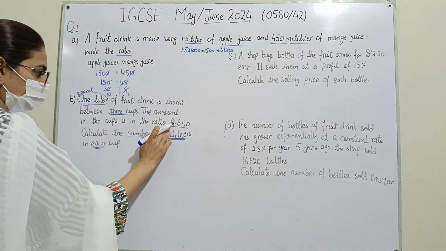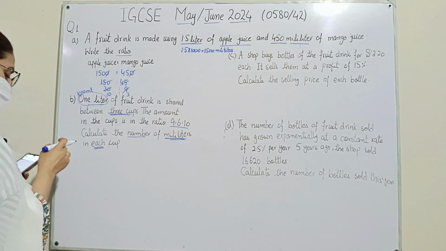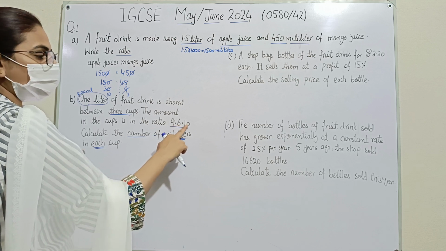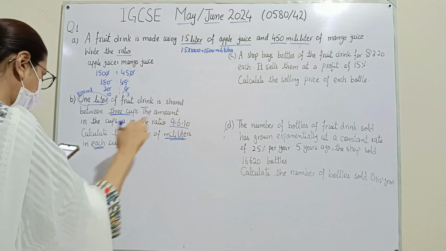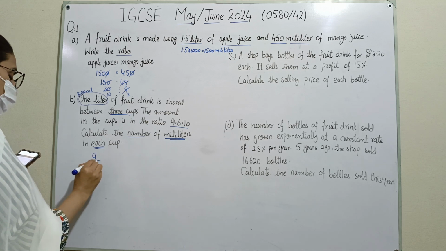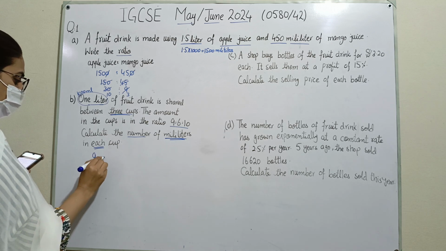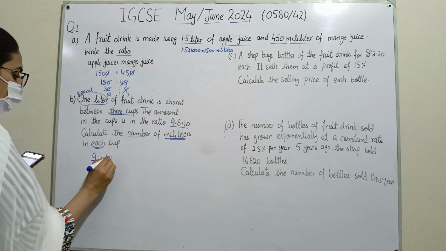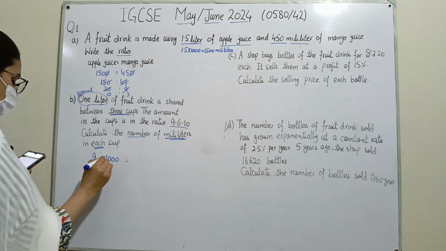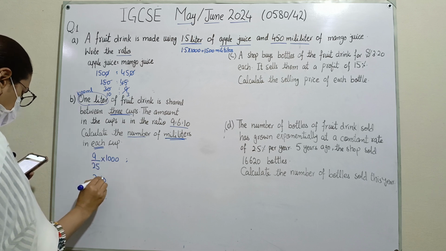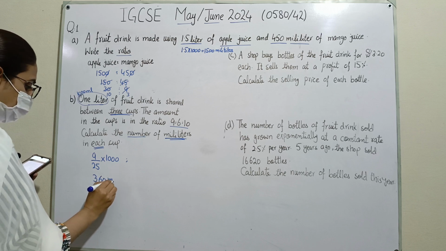Let's move toward 9. First of all, you have to calculate the total of these: 9 plus 6 plus 10 will be 25. So take the portion. First one, 9 by the total 25, and there are 1000 milliliters. On simplification, you will get 360 milliliters.